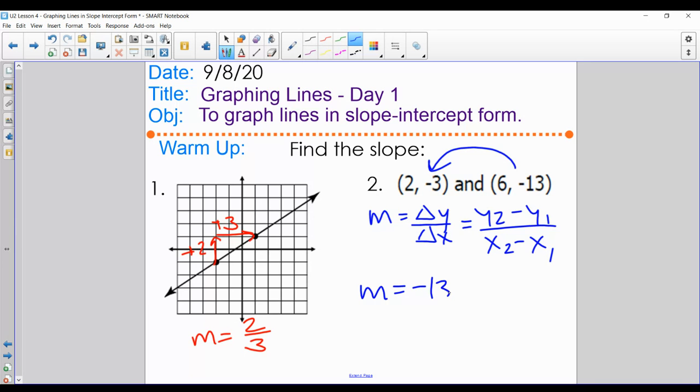So negative 13 minus negative 3 and 6 minus 2. I'm going to change this to add the opposite. I'm going to get negative 10 over 4. So I could reduce this to negative 5/2. Okay, so those are things we should know from before.